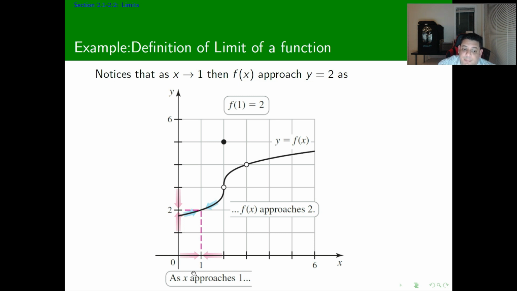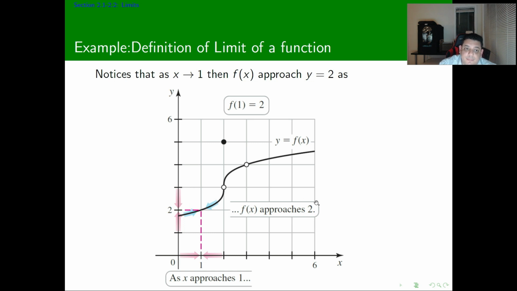So here I'm approaching x to 1, from the left side or the right side, and I need to see where the value of y is approaching for both sides. For example, here, when x approaches 1 from the left side, the height of the function is approaching 2, and from the right side, the function is also approaching 2.